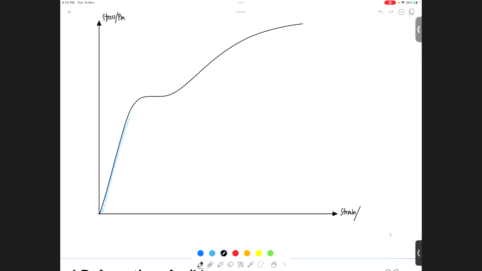What do we call that point? Yes, the limit of proportionality. It is the point up to which force and extension are directly proportional, and so stress and strain are directly proportional. So this point that you see here is your limit of proportionality.